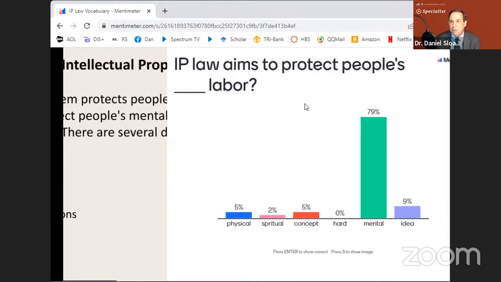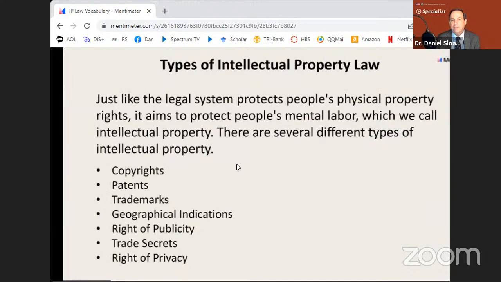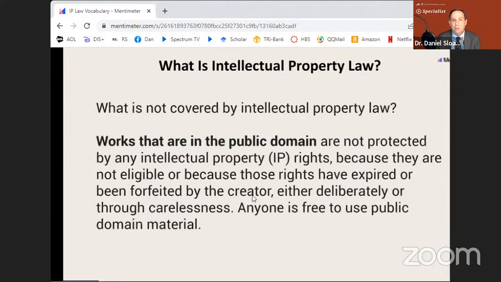So sometimes that will happen, and I believe I can go back here while people are voting. Okay, so protected intellectual property rights, because they are not eligible, or because those rights expired or been forfeited. Okay, so forfeit means to waive, to give up, to surrender.